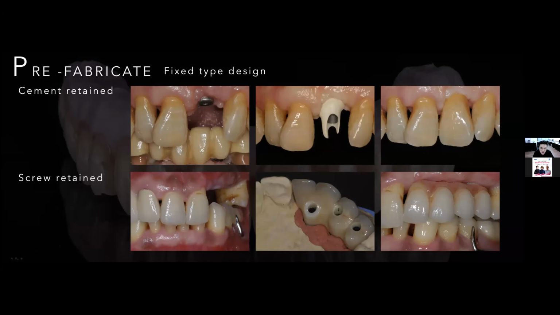Don't just start working right away. Must think first. And nowadays, we make implant restorations with almost just two choices: cement retained or screw retained, or sometimes a bar or full mouth long span restoration. But it's really only these two types: cement retained or screw retained.